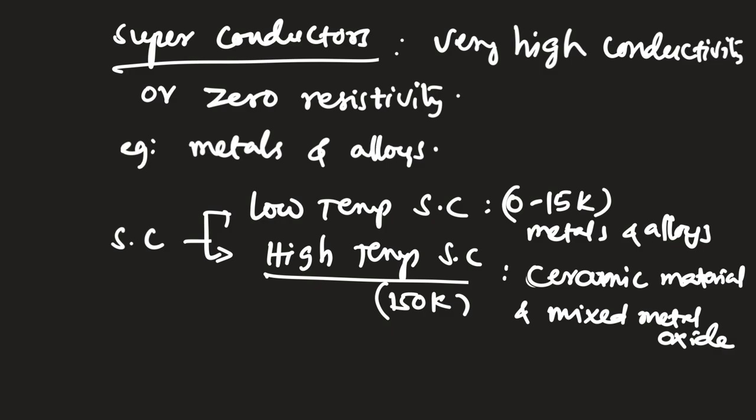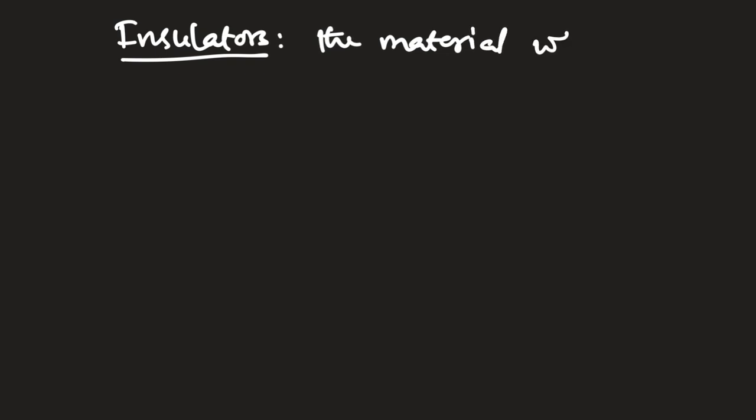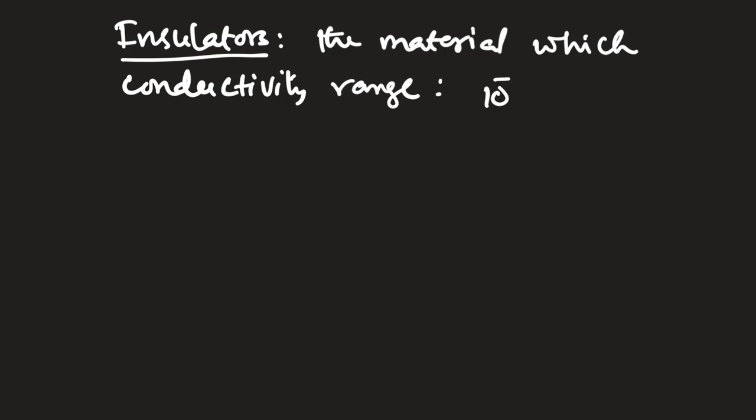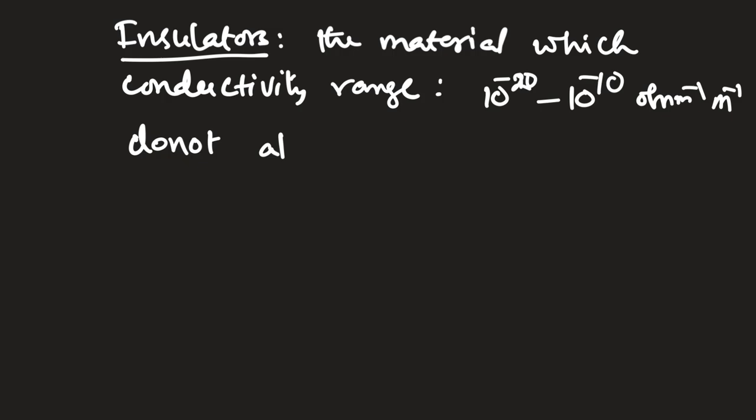Next, insulators. What are insulators? The material which has conductivity range 10^-20 to 10^-10 ohm^-1 m^-1, which means it does not allow current through it.